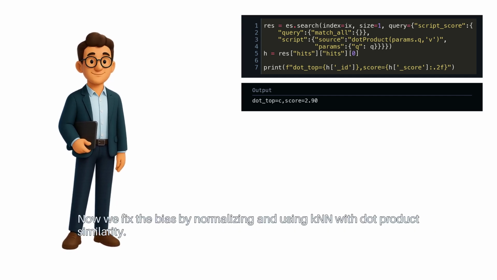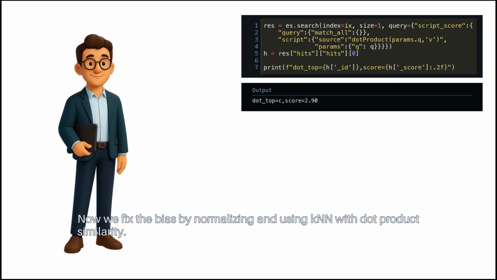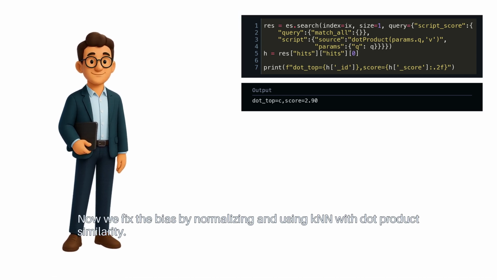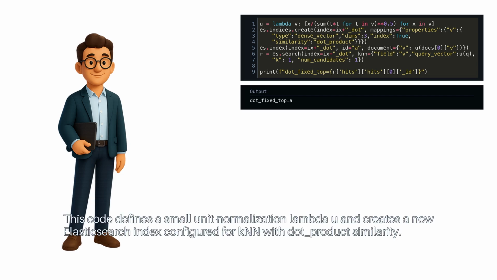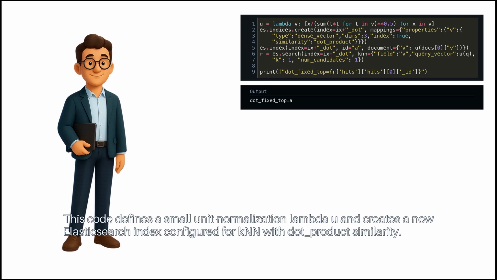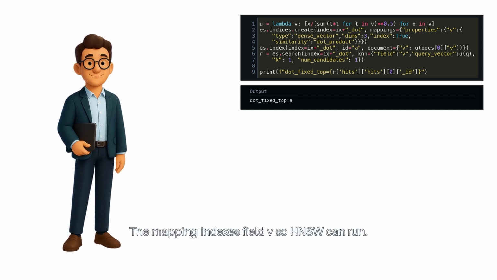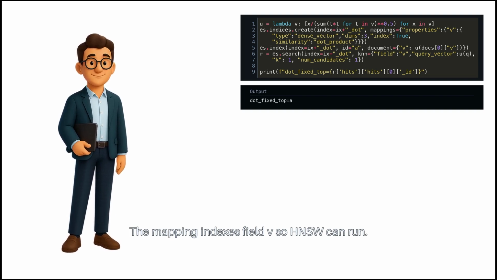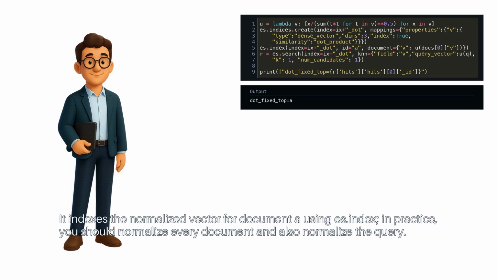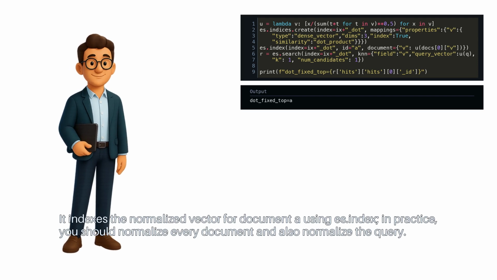Now we fix the bias by normalizing and using KNN with dot product similarity. This code defines a small unit normalization lambda u and creates a new Elasticsearch index configured for KNN with dot product similarity. The mapping indexes field v, so HNSW can run. It indexes the normalized vector for document A using es.index.